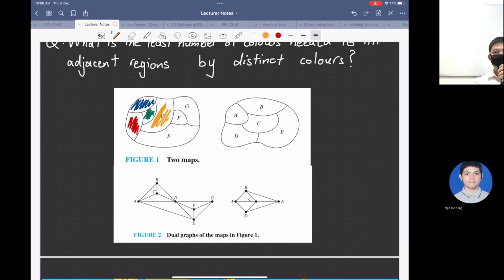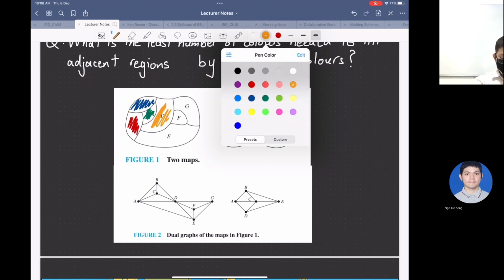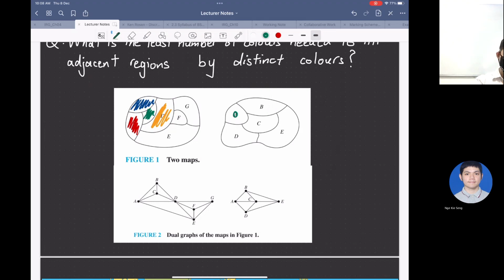Okay, if you imagine this whole piece of land, you shrink each connected component to one point, and whenever they share a boundary, you draw an edge.